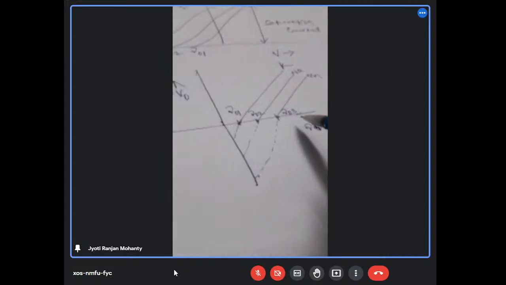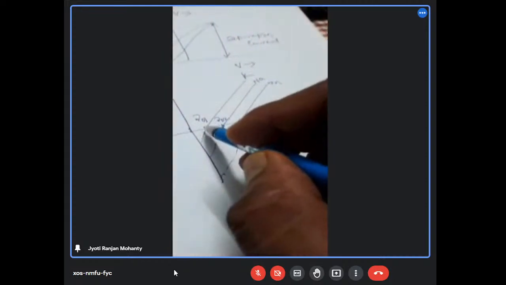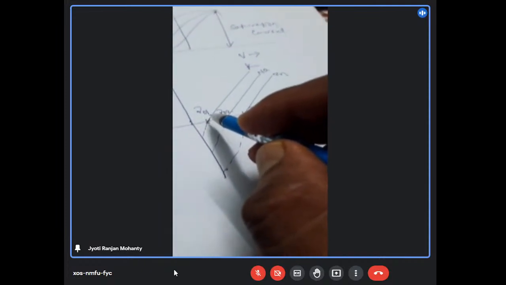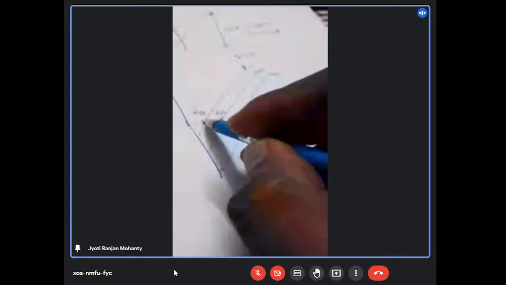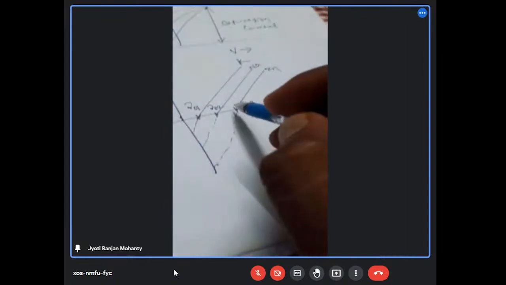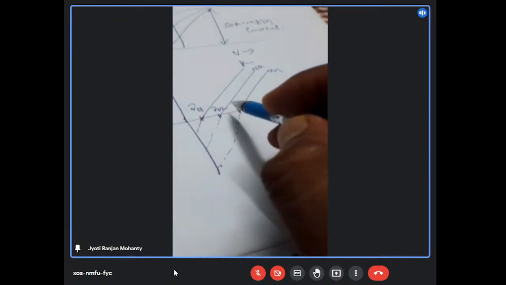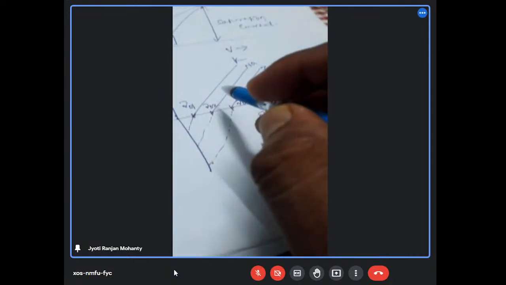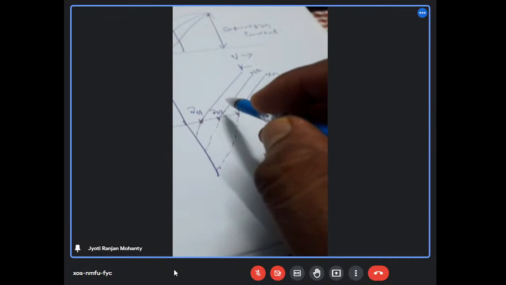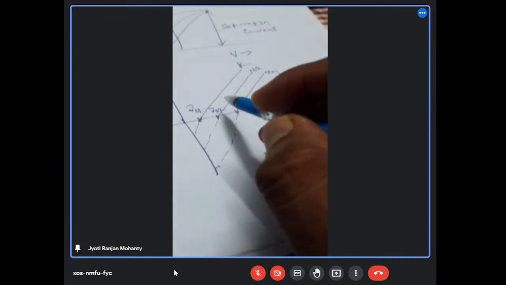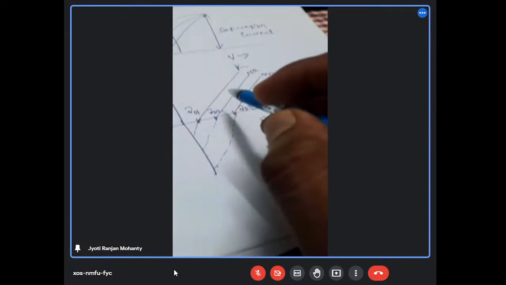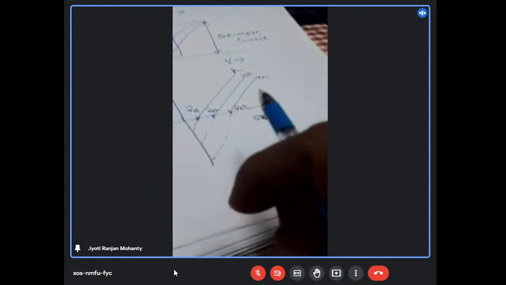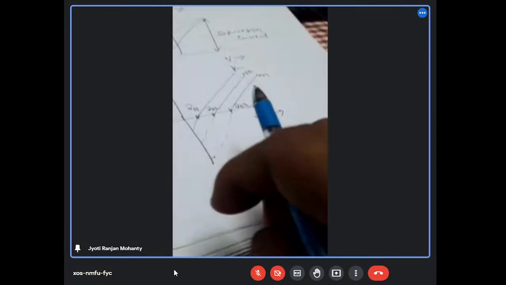So these frequencies, because on the y-axis we have taken the frequency, are known as threshold frequency. The minimum frequency is known as threshold frequency. So different metals have different threshold frequency.